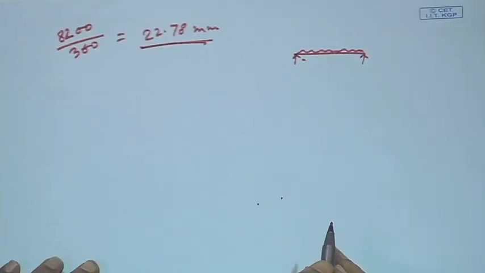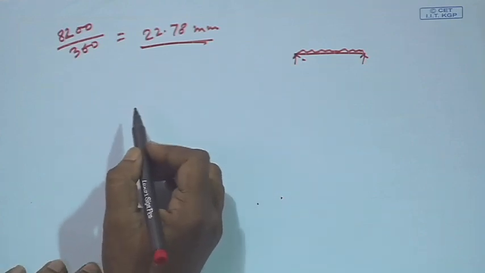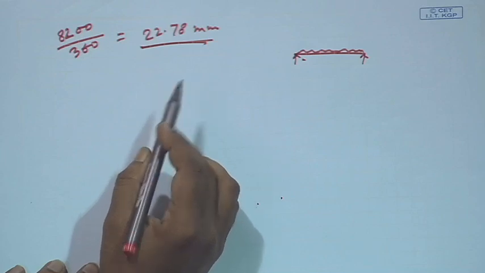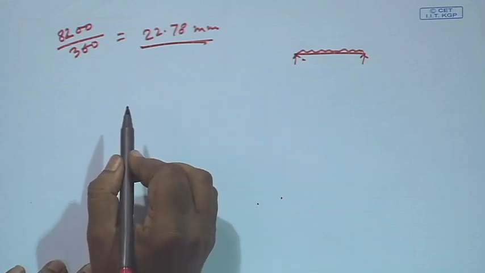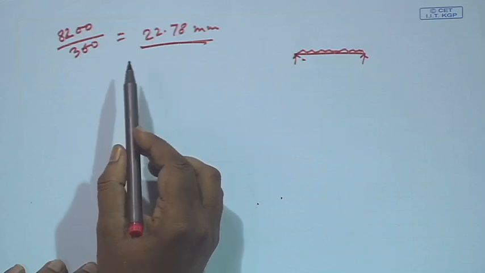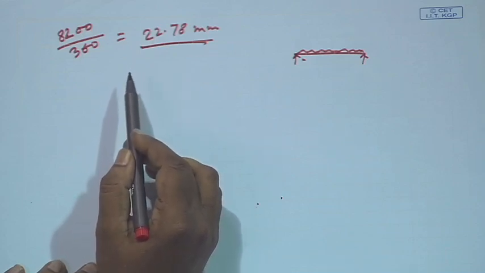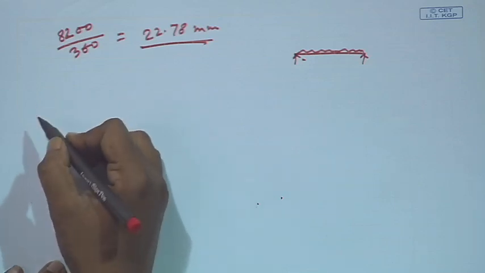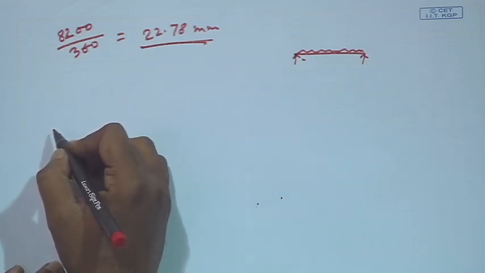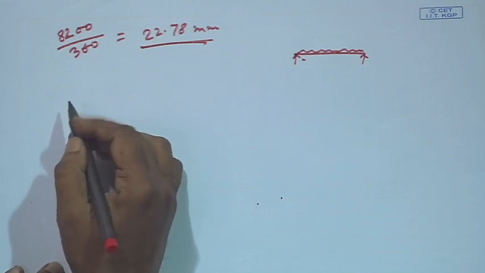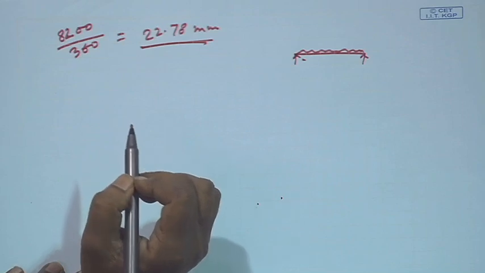Now, if we equate the maximum allowable deflection with the maximum deflection, then I can find out the value of I. So, to find out the required I, we can equate this.